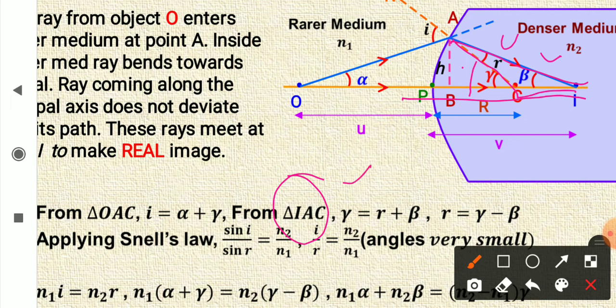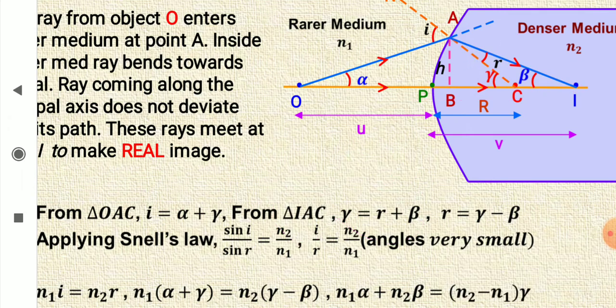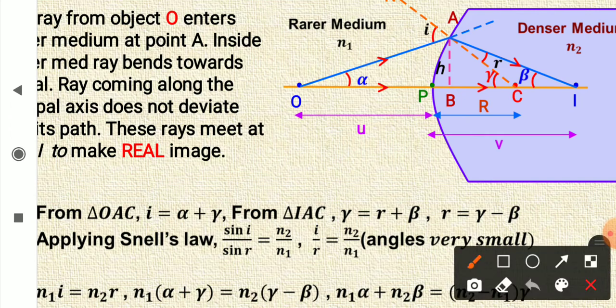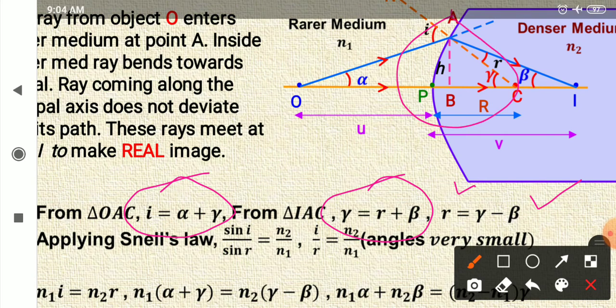So the exterior angle gamma is equal to the sum of the interior opposite angles R and beta, as you can see from here, right? So we have considered two triangles here. Now from here we have got angle I, the angle of incidence, and from here the angle of refraction R is gamma minus beta. And since refraction is taking place, we have to apply Snell's law.